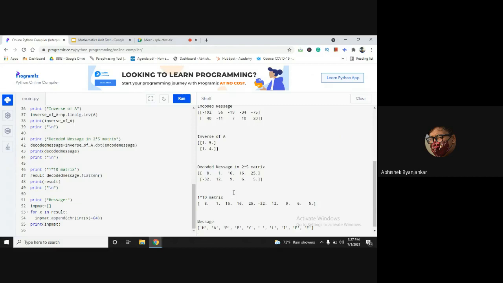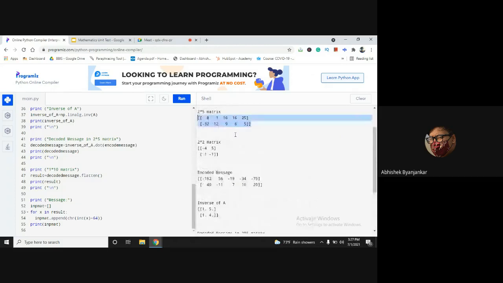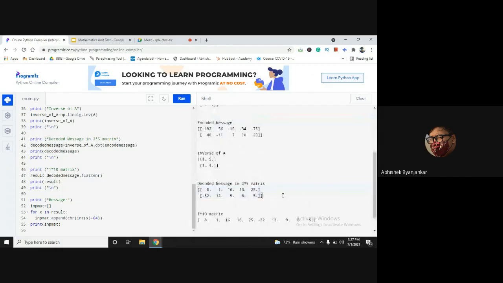Multiplying the encoded code with the inverse of A is the answer. So this is the decode, and as you can see, I have decoded it over here. This and this one are the same, because it's like RHS equals LHS proof. I did that and again it came out like this.